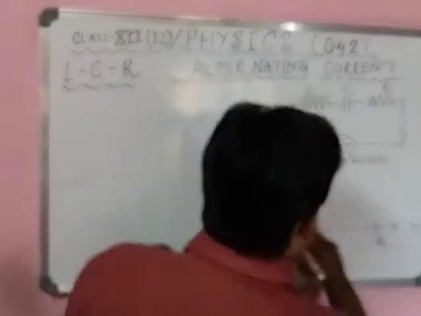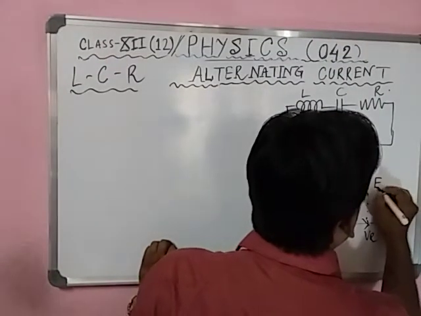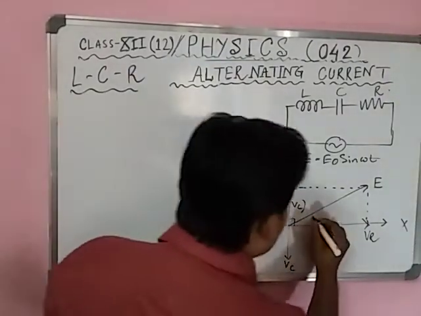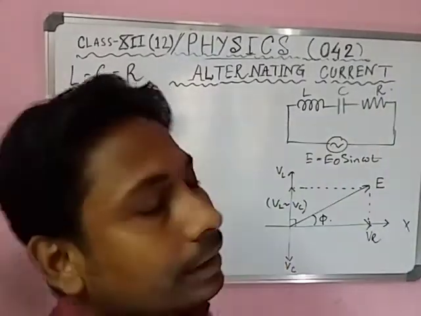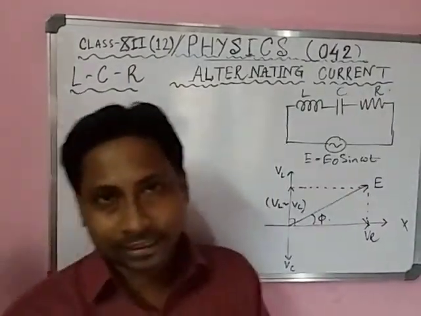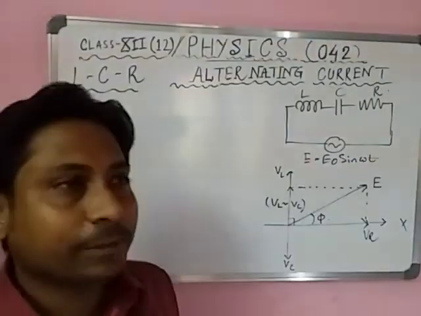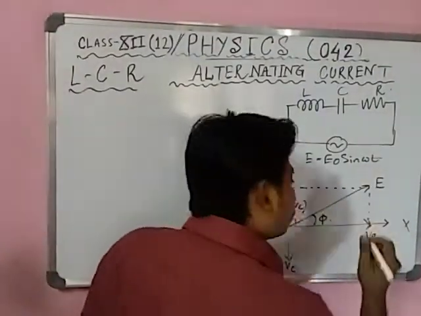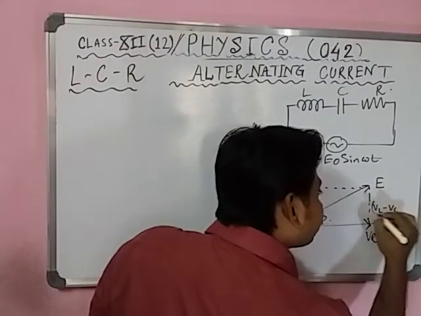Now the resultant of VR and this is the EMF E. The phase difference is phi. So E is the resultant of VR and VL minus VC.